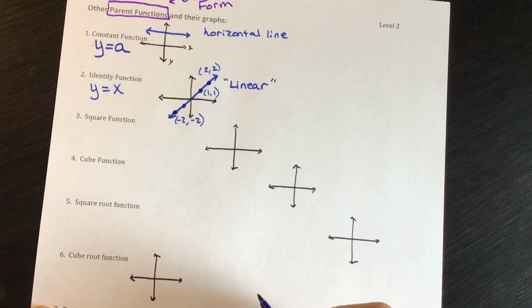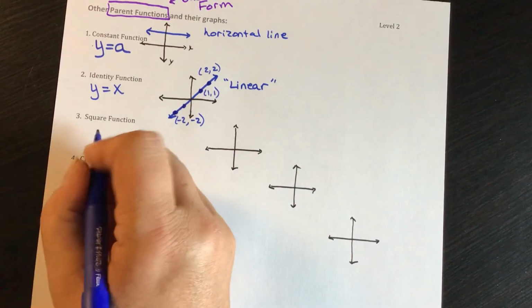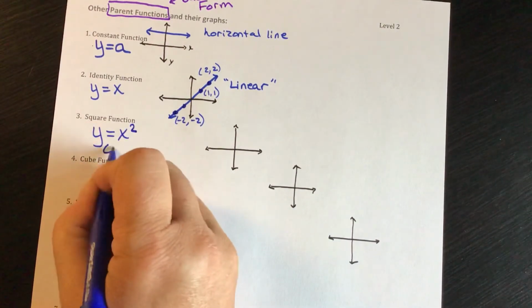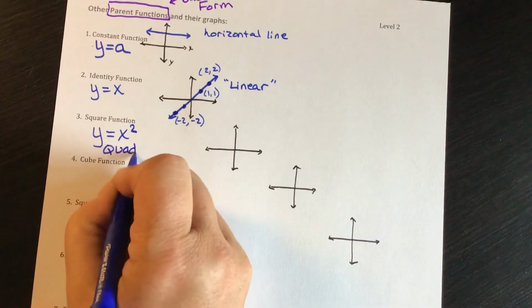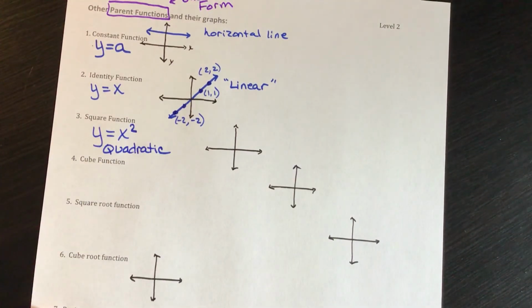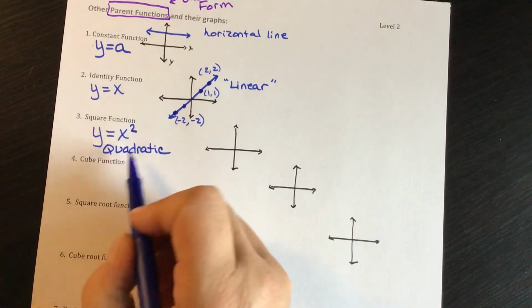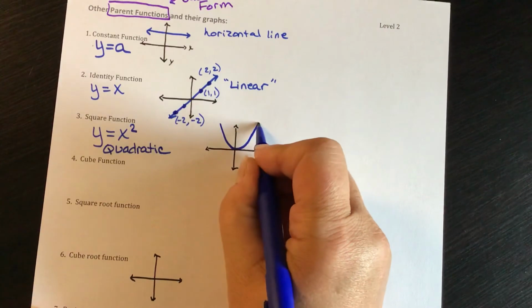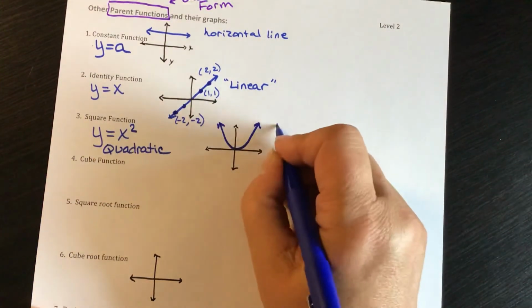A square function is also called a quadratic function. Okay, when I'm squaring the x value, this is called a quadratic function, and I'll always get a U shape.